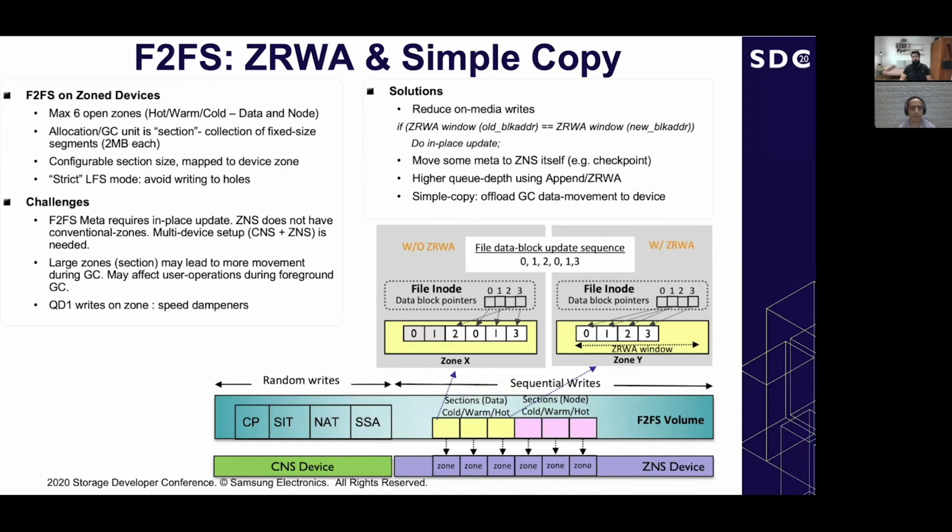When we run this update sequence on a GRWA disabled zone, which is shown on the left-hand side, it produces 2 invalid blocks, because blocks 0 and 1 are getting updated twice. But when the same sequence is run on a GRWA enabled zone, which is shown on the right-hand side here, it doesn't produce any invalid blocks, because the in-place update happens in the GRWA buffer, and it doesn't really reach the underlying flash.